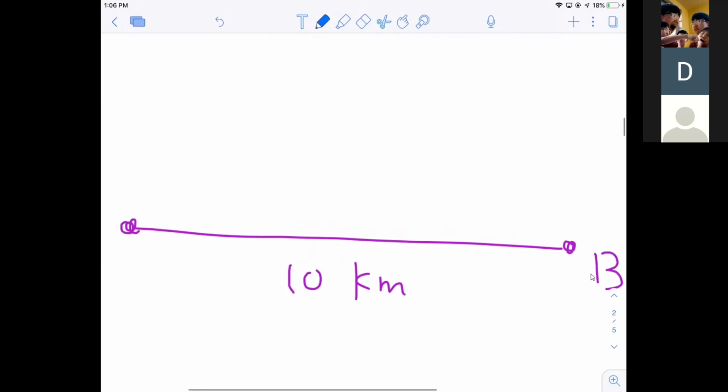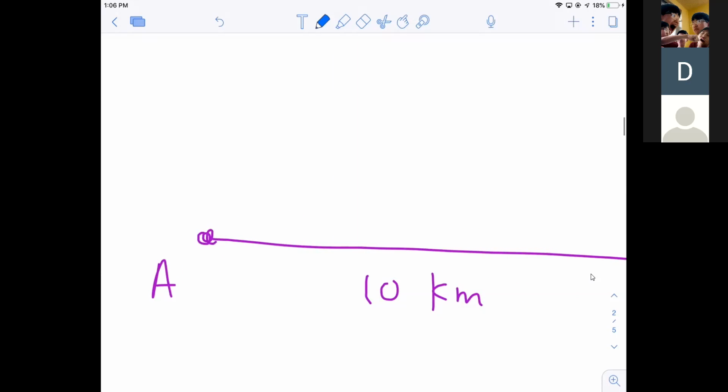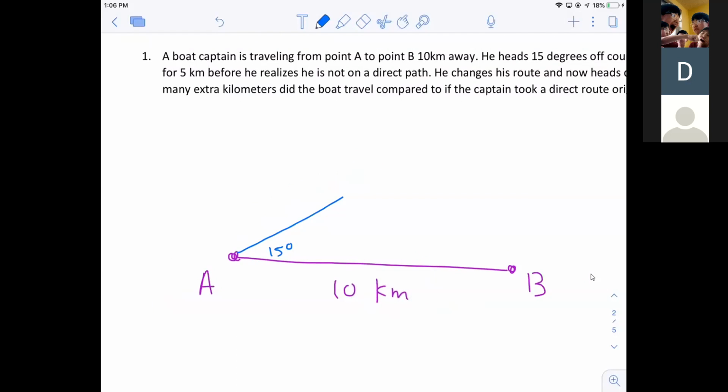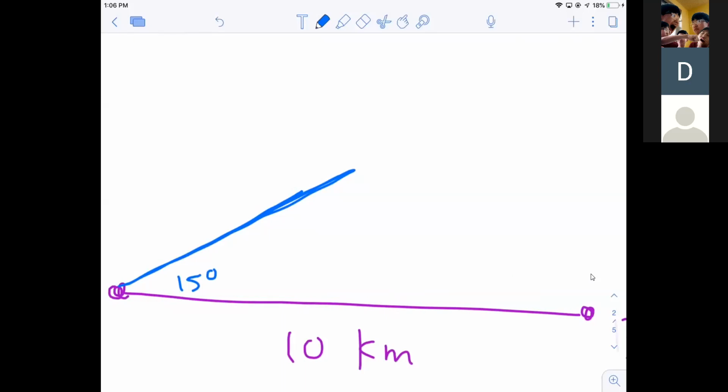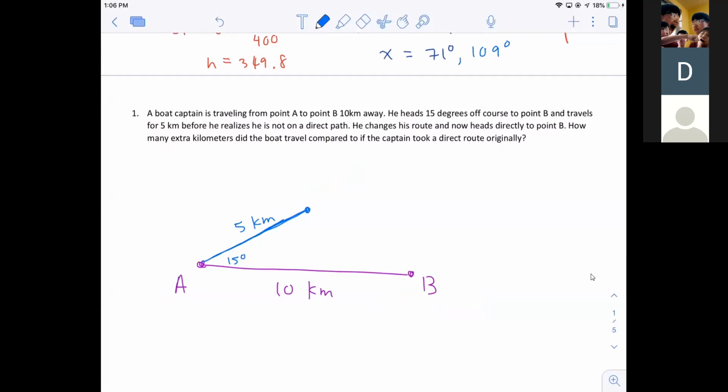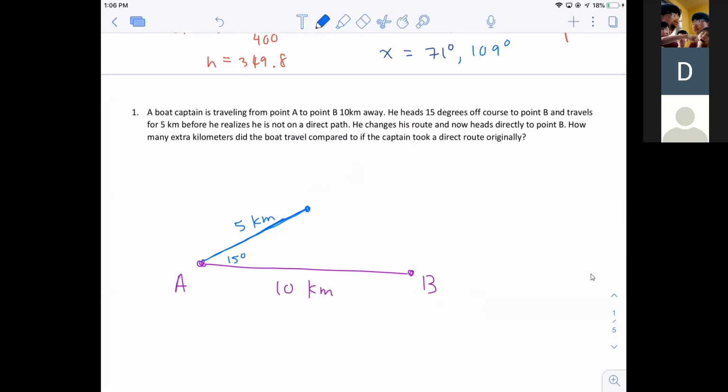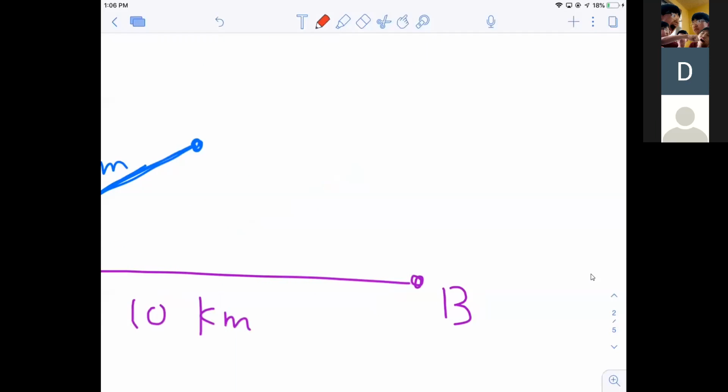So let's draw his actual path. He goes out like this, 15 degrees off course, and travels in this manner for 5 kilometers. Let's say he's over there now. He realizes he's on the wrong path, changes route, and now heads directly to point B.